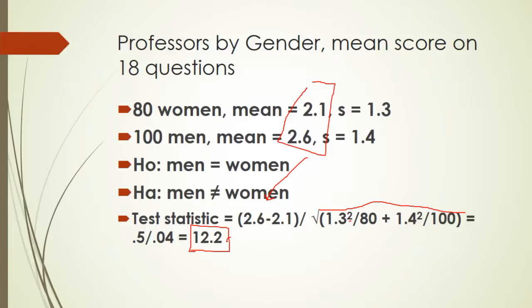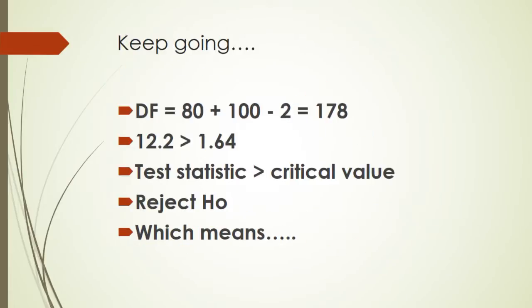That means we're 12 standard errors apart. That's huge. That's a huge difference. We already know the answer without looking it up. Clearly, women faculty are less happy with their careers at UNLV on average than male faculty are.